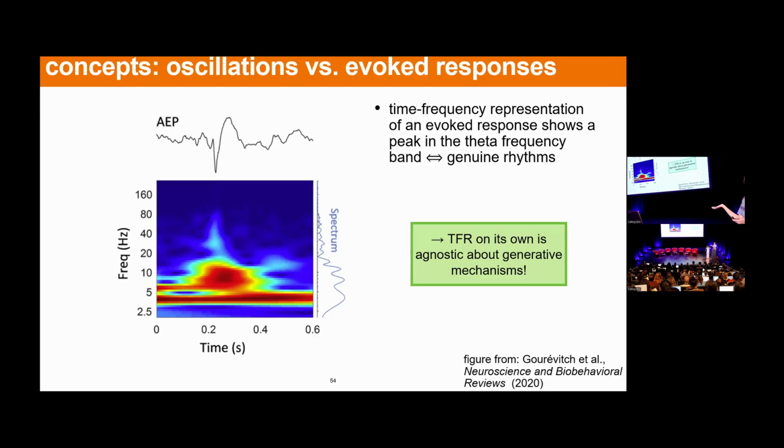And again, it's a little bit terminology. If you compute the power of such an ERP, it will give you power in these kind of frequency bands. Is this now an oscillation? Is a single cycle enough for having an oscillation? Not sure. I mean, this plot alone is not telling you something about neurophysiological origins of your activity.